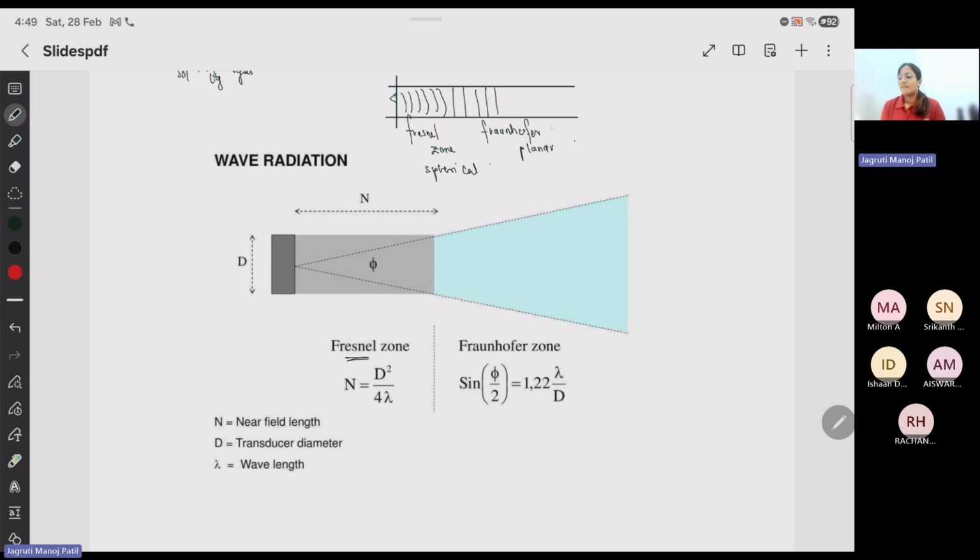Why so? When a point source is emanating spherical waves, and these waves reach a distance that can be considered as reaching infinity, at that point all are assumed to be planar waves, and you don't have any losses there.